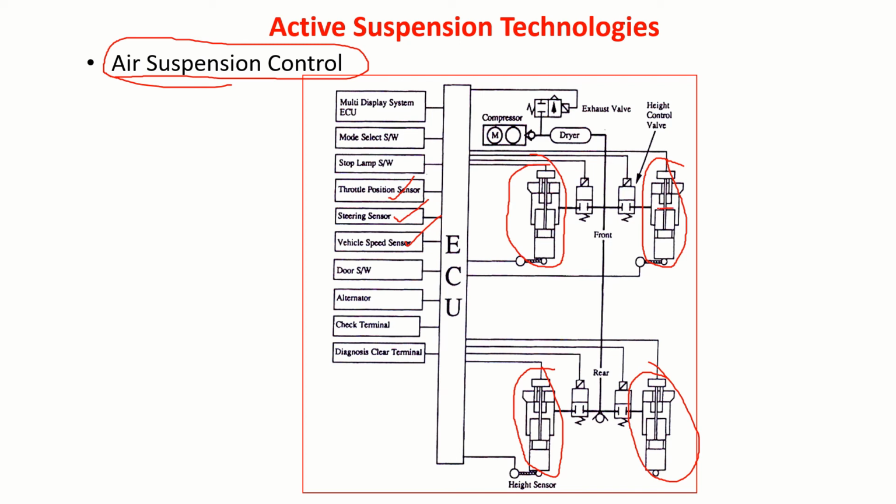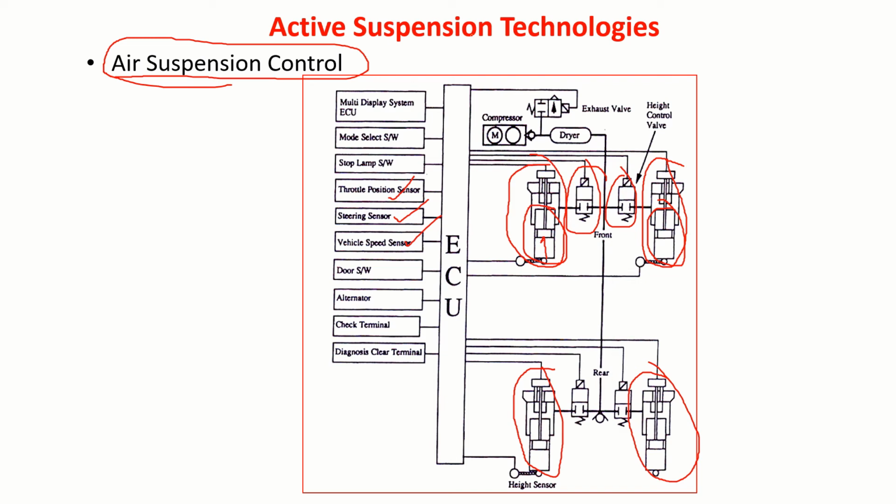You can see a cylinder system everywhere. By supplying the air, I can raise this. Removing the air, I can lower this. For that I have the valves, whether to supply air or remove the air, and also depending on what ride height I should manage, all these facilities are available with this.